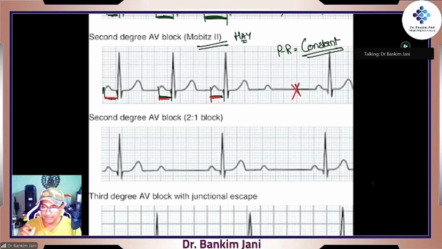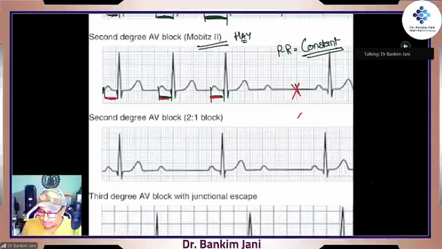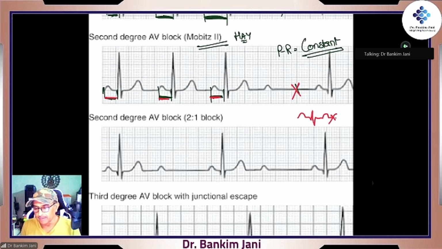Because 2:1 block means one normal P, QRS, P blocked. Again, P, QRS, P blocked. So with every 2 P waves, there is one QRS, 2:1. Right? But is the PR interval increasing? That's what I'm telling you.